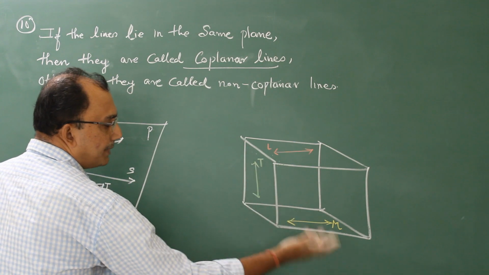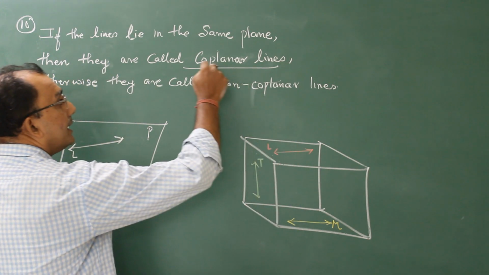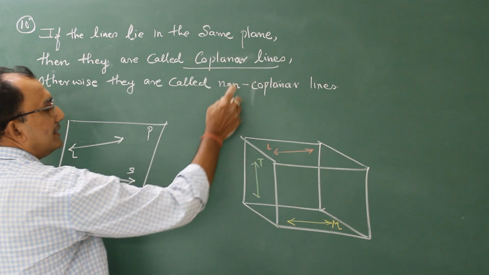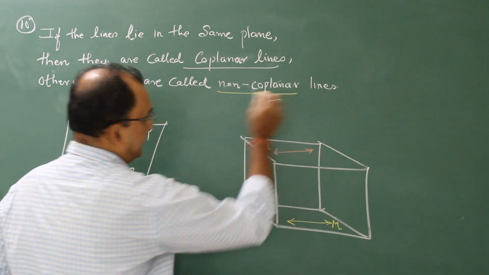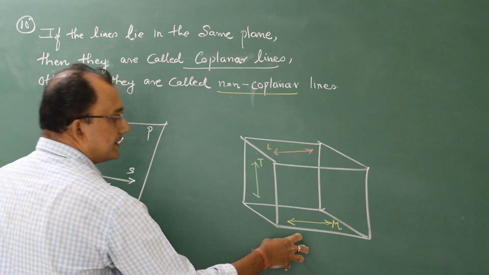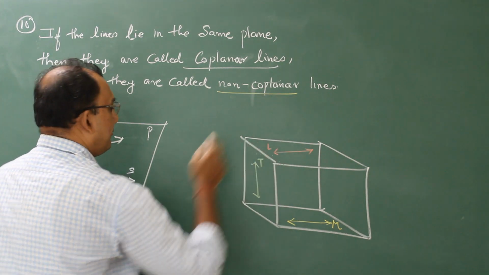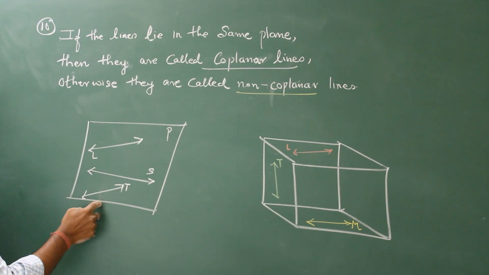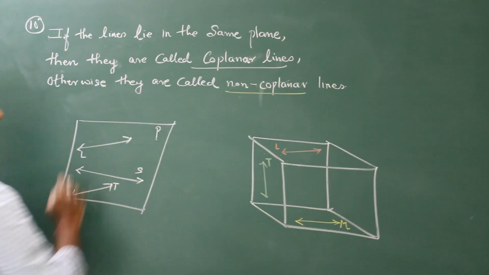They are lying in different planes. Since they are lying in different planes, we can't call them coplanar lines. We will term them non-coplanar lines. It means if the lines do not lie in the same plane, they are known as non-coplanar lines. Whereas if the lines are lying in the same plane, we will call them coplanar lines.